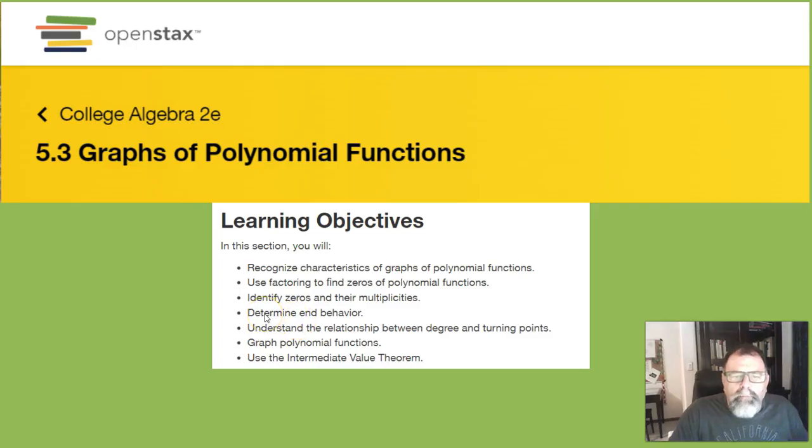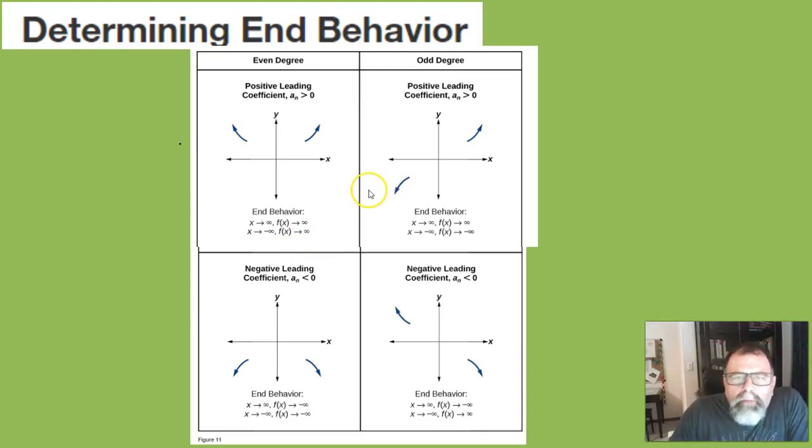Our next learning objective, determine end behavior. All right, so we covered this in the last section, if you recall. Basically, if we have a polynomial function, a sub n x to the n plus ..., we just care about the leading term.